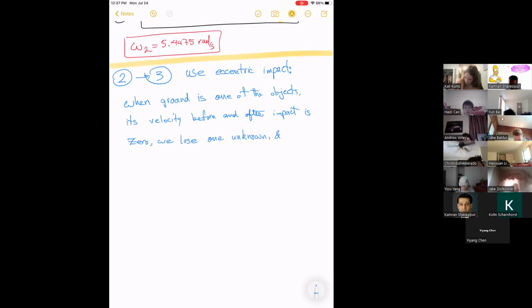And of course, we lose one equation. And that equation is the conservation of momentum. For particles, it was linear. Now here, angular momentum.